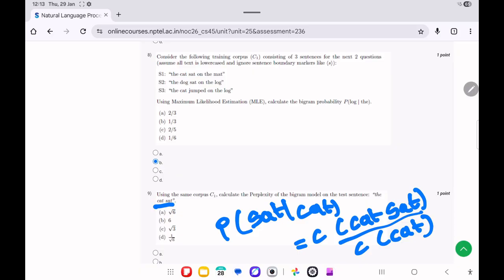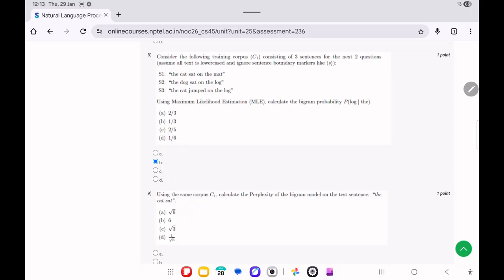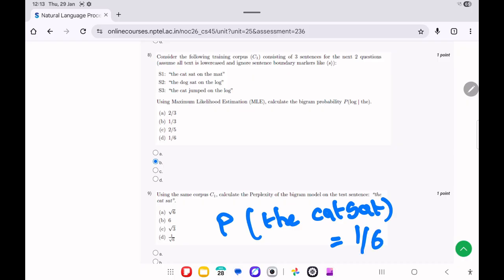It is 1. The count of "cat" is 1, 2. So here I will get 1 by 2. And we can multiply both probabilities to get the final one. So the probability of the sentence "the cat sat" will be equal to 1 by 6.